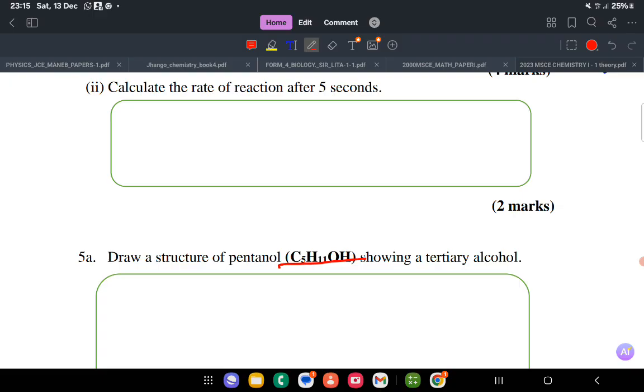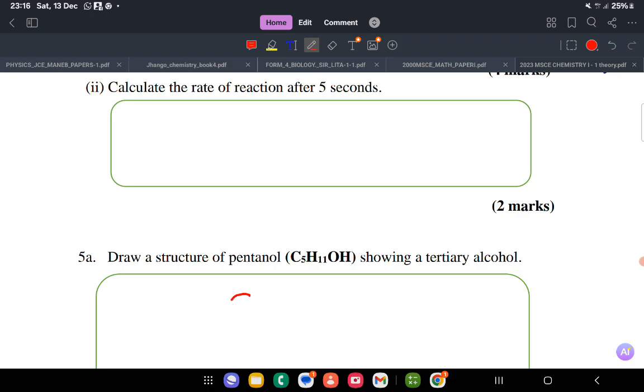which has 5 carbon atoms. The rule for drawing structures, this is a tertiary alcohol. Okay, so if it's a tertiary alcohol, what it means is the OH must be located at a carbon atom which is also surrounded by other carbon atoms.